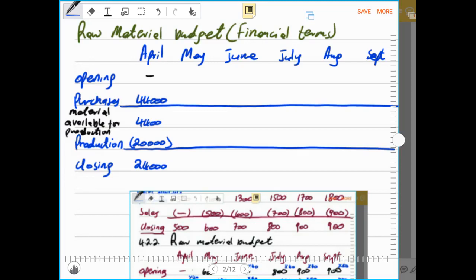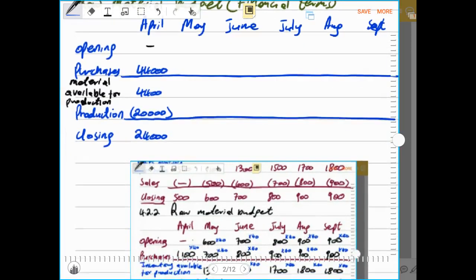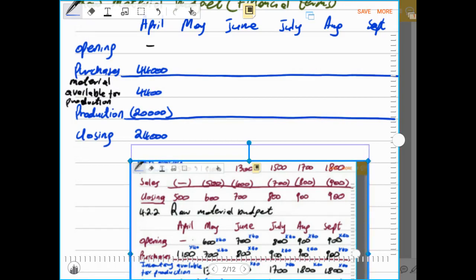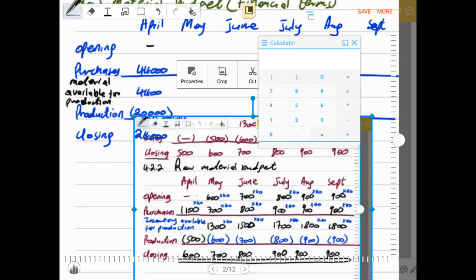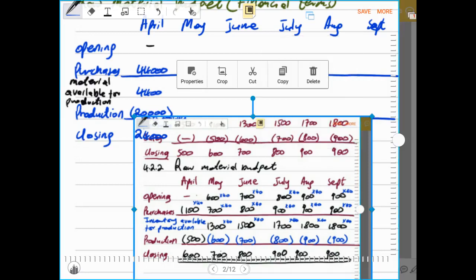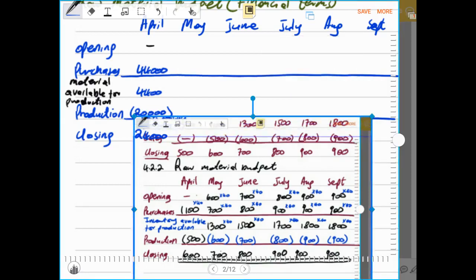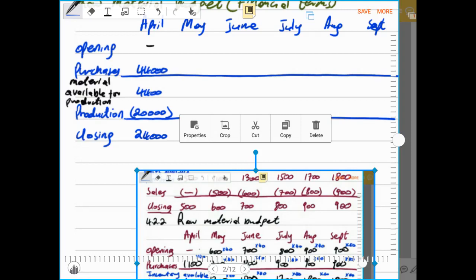Then we do the same thing in the next month. We say 600 times by 40, 24,000. Then we have 24,000 here.